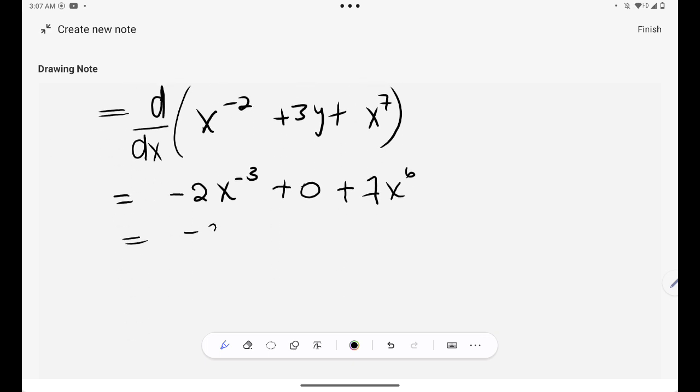That means I'll have negative 2 over x to the power 3 plus 7x to the power 6. That's how you find a derivative, guys. Are you together? So now I've found the derivative.